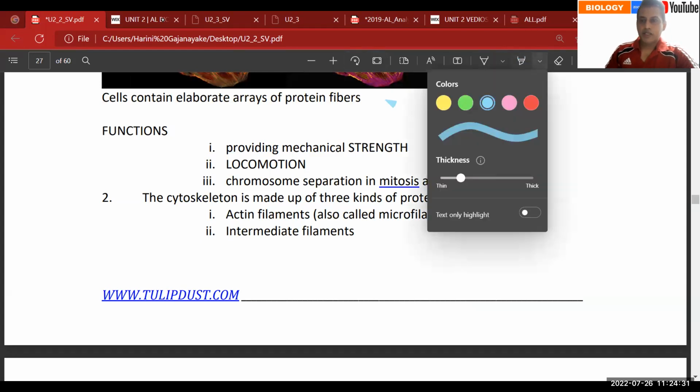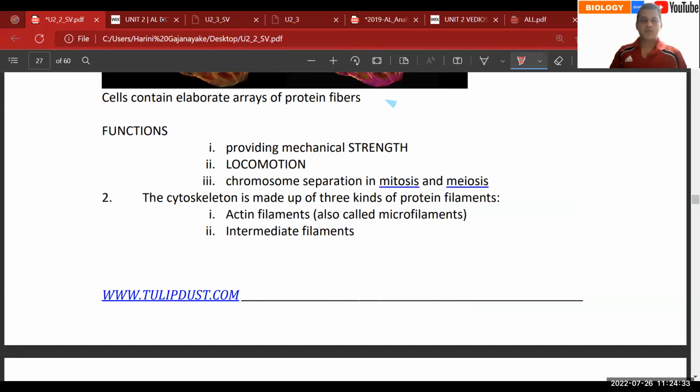Okay, we will come to the details of these fibers later on. The first function is providing mechanical strength; another is movement of the cells; and chromosome separation in mitosis and meiosis. We will see a third one later on, but you can understand it provides strength to the cells because the cytoplasm and the cell membrane are fluidic.